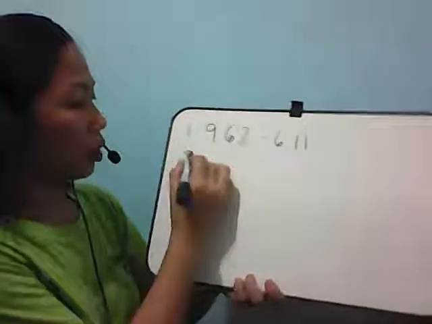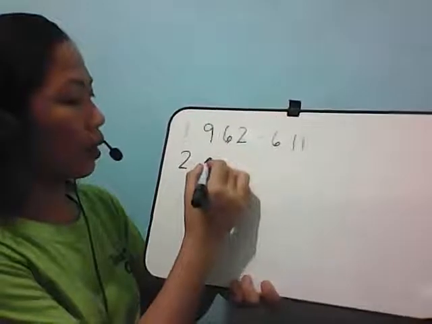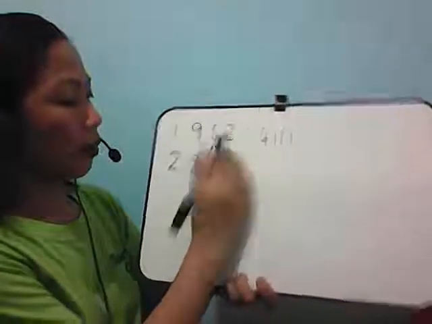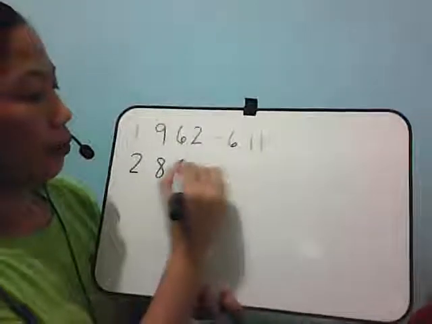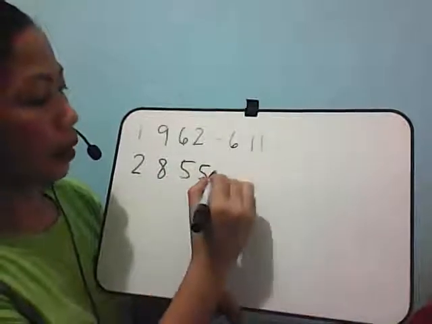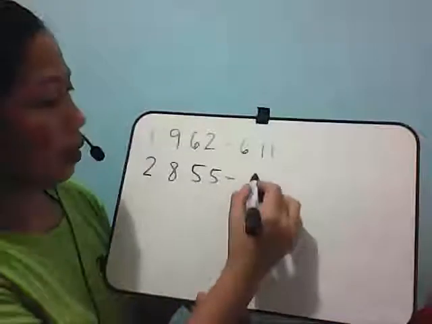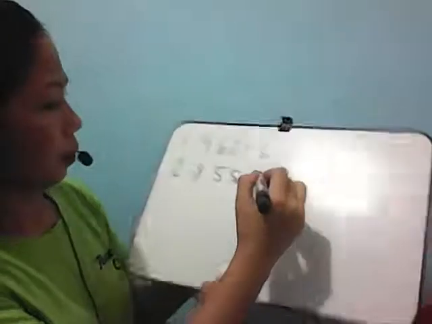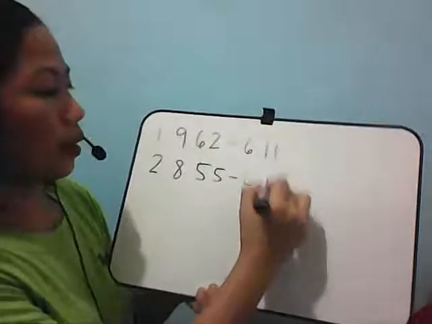Now, number 2, we have 8 point 0.55 minus 6.13.